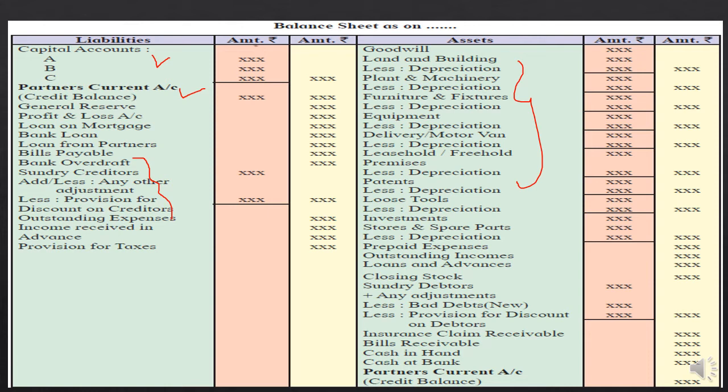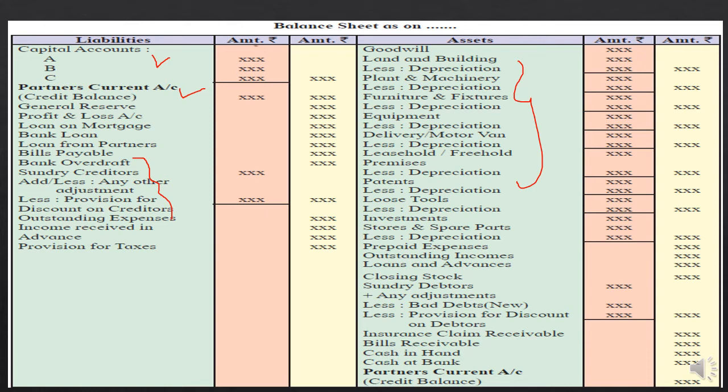After that investment, and then all current assets will be written like closing stock, sundry debtor, bills receivable, insurance claim receivable, cash in hand, cash at bank, partner's current account debit balance. If it is there, then it will be transferred to the asset side.